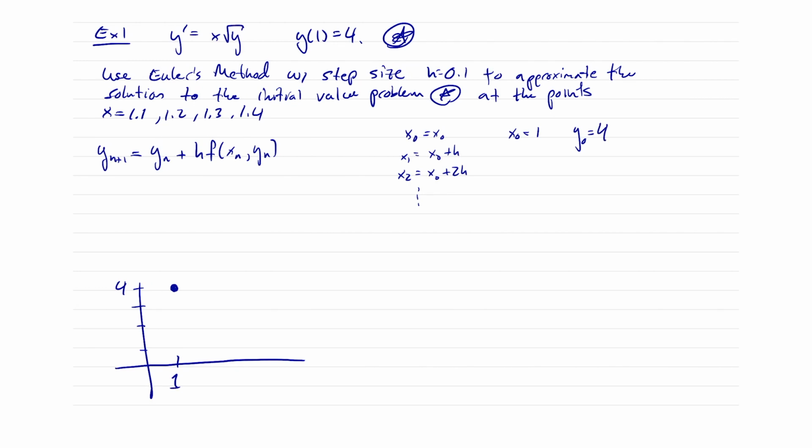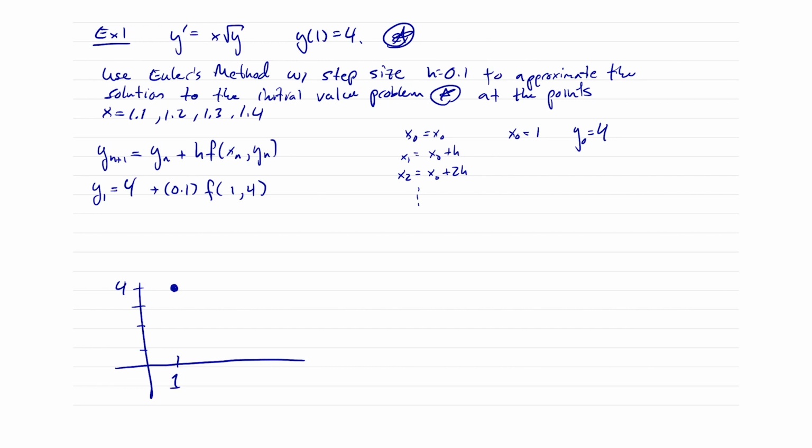Let's see what y1 should be. y1 is going to be equal to y0 plus 0.1 times f of 1 comma 4. So we're placing x0 here, and y0 here.